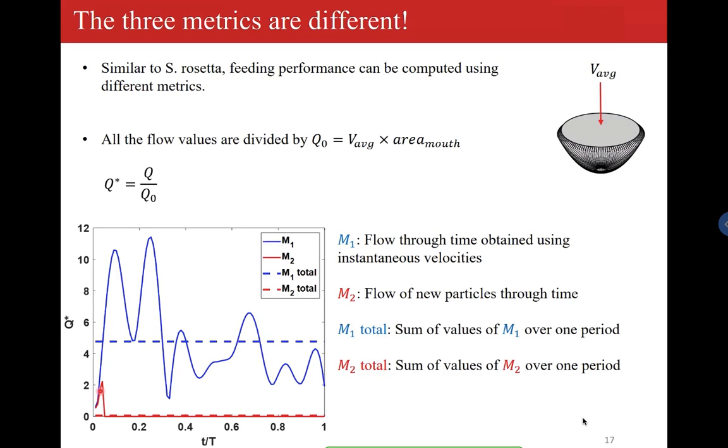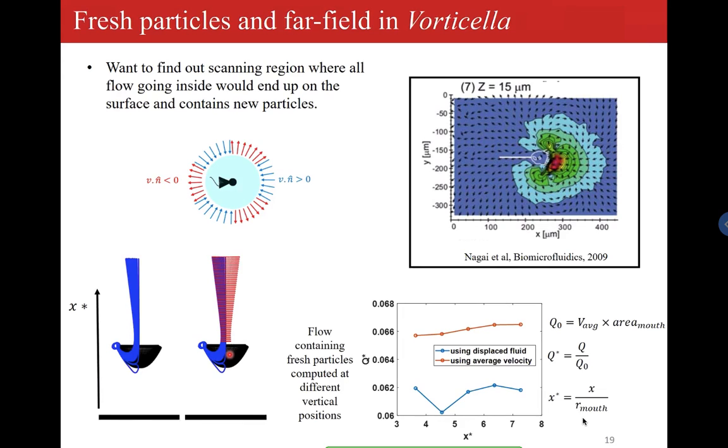The dashed lines show the average values for these two through the period, and the green line shows the metric where we use the average velocity. And as you can see, our metric is much smaller than the other two, and it indicates that most of the time the inward flow does not contain any new nutrient particles.